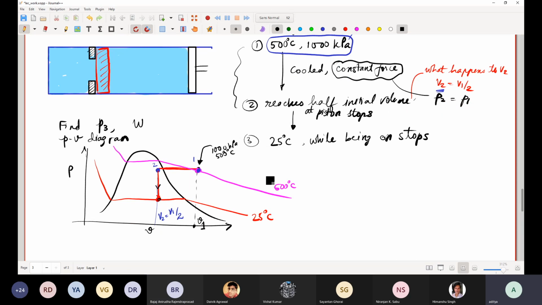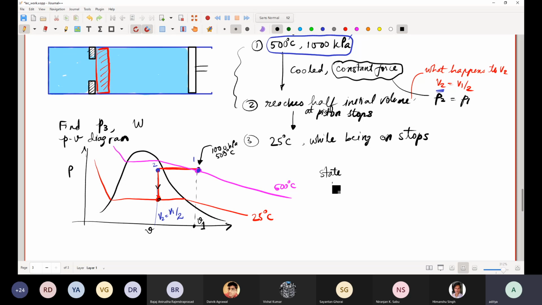So now let us try to find out all the different states. Let's try to do it a bit more organized.